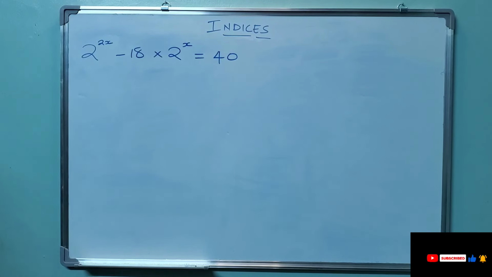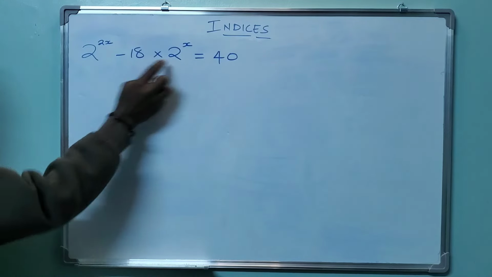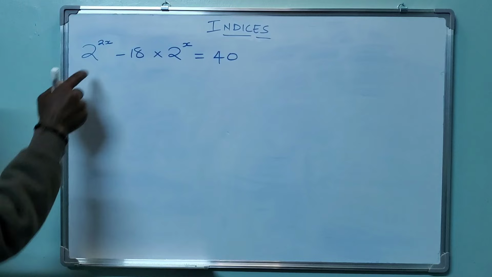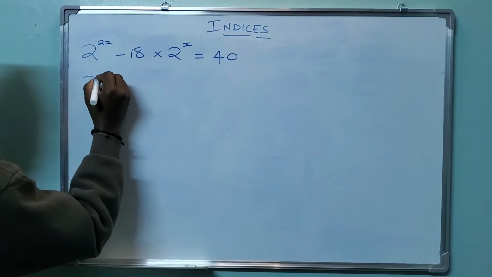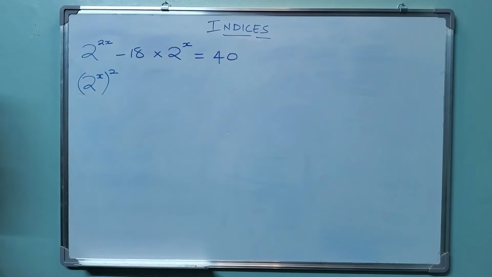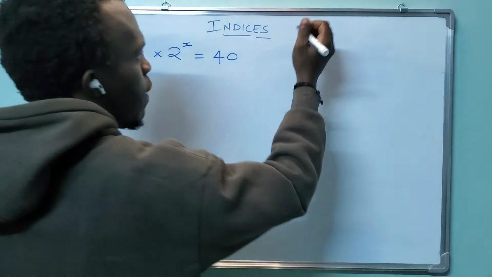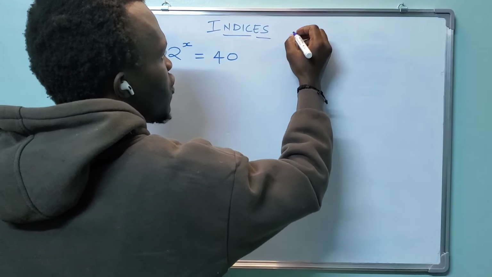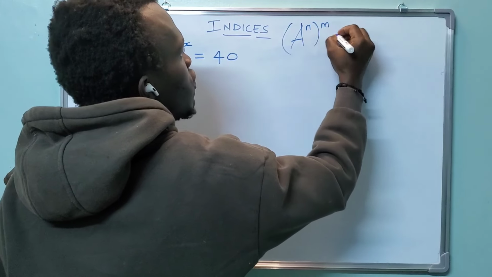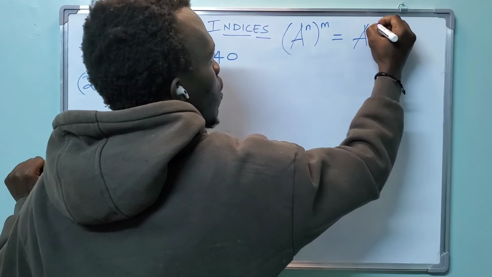Now, first of all, this and this are almost similar. Why am I saying they are similar? Because this one can be written as 2 raised to power x, bracket square. Remember that rule? The rule number 3, whereby we were saying that a raised to power nm is the same as a raised to power n, all raised to power m.